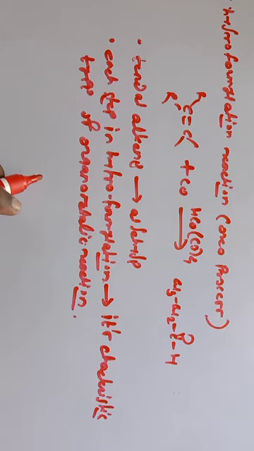The cobalt containing intermediates in the cycle alternate between 18 and 16 electron species.